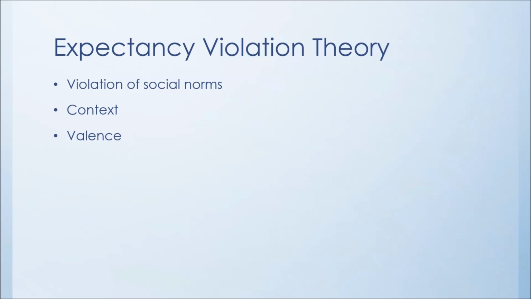Do we just assume that the person doesn't understand the social norm? Do we understand that they are deliberately flouting the social norm? Do we assign a meaning of rudeness to what's happening? We examine every violation in these terms when we're deciding what it means.